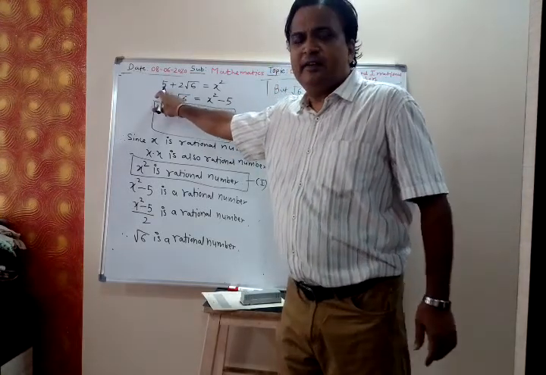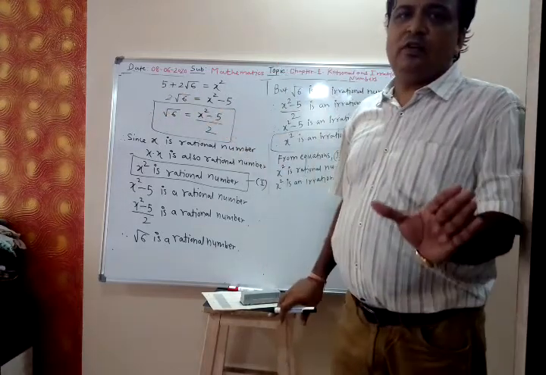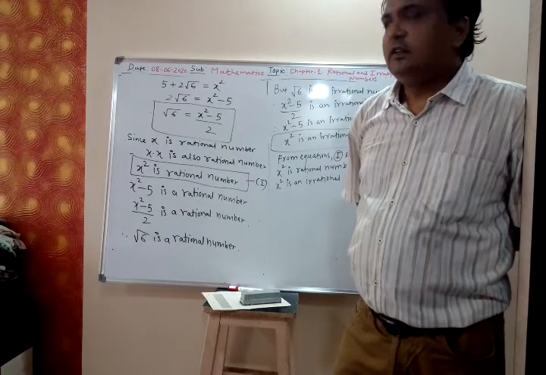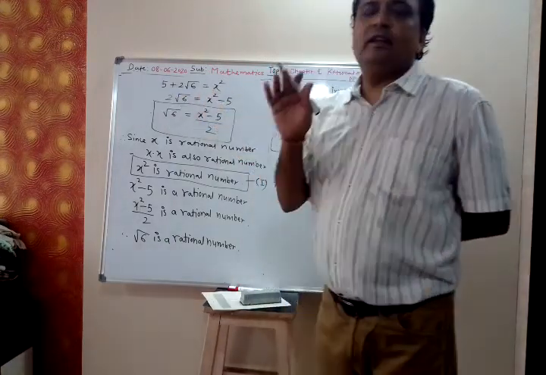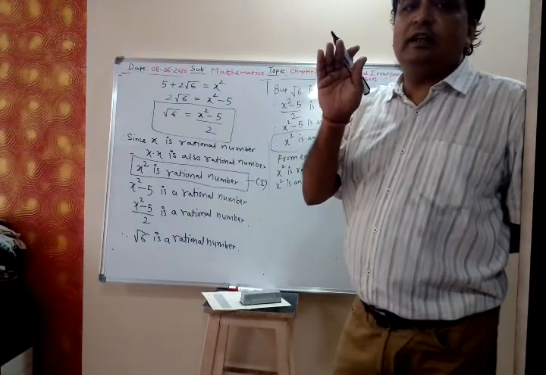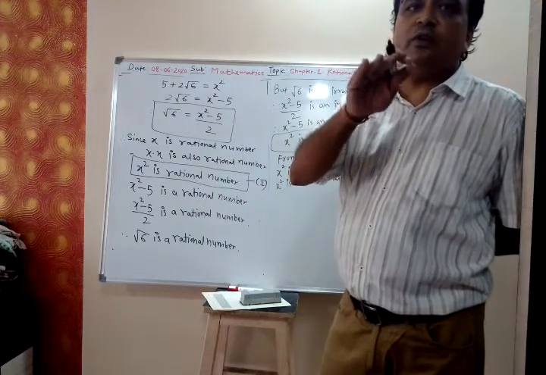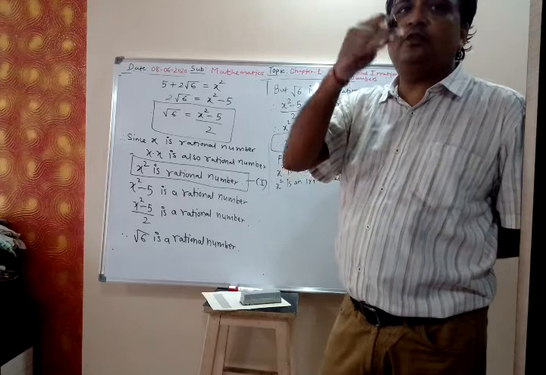No, it is 5. So, but square of 5 will be. No. How can you write 5 as root 5? Sir, root 5 will come. No. X square is there. It will come root 5 plus 2 root 6 when you take square root. Not only root 5 will come. It will take square root of the whole term when you take square root.